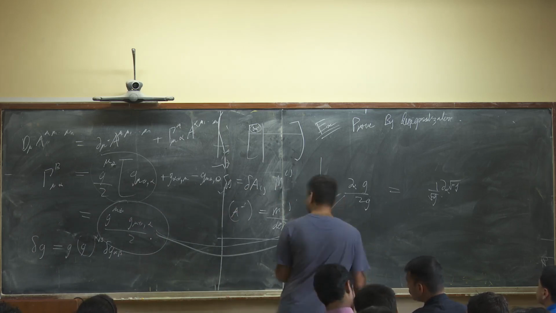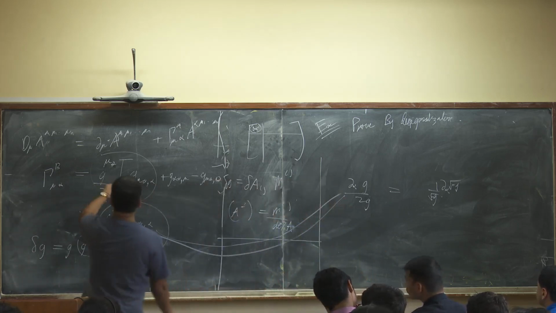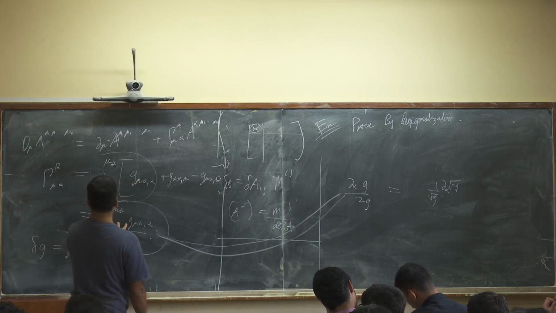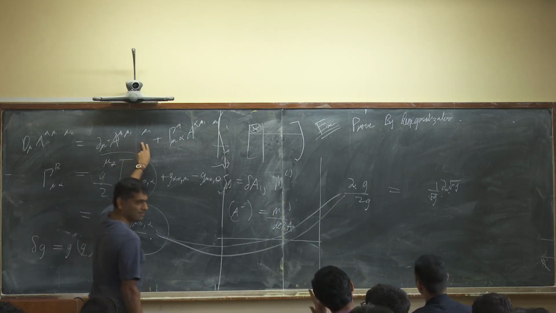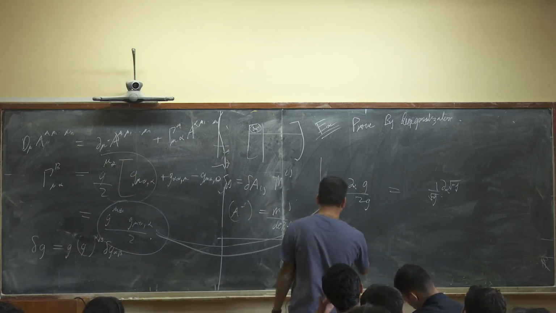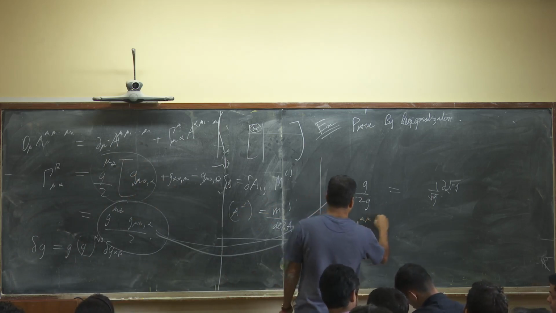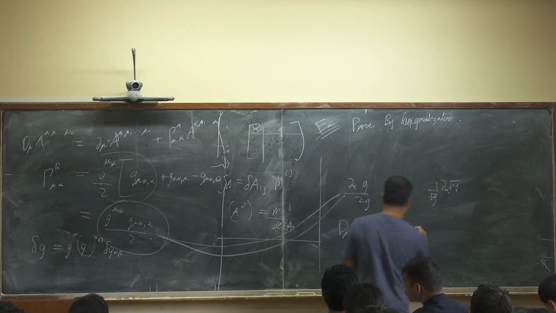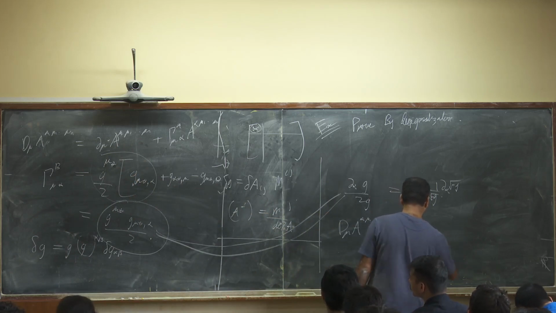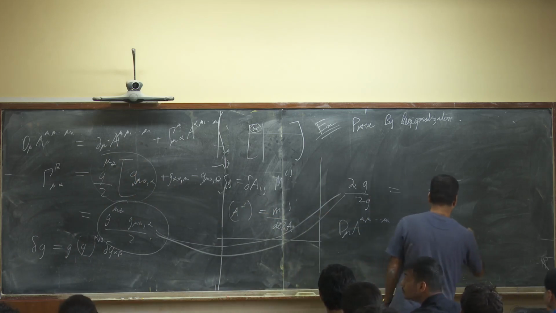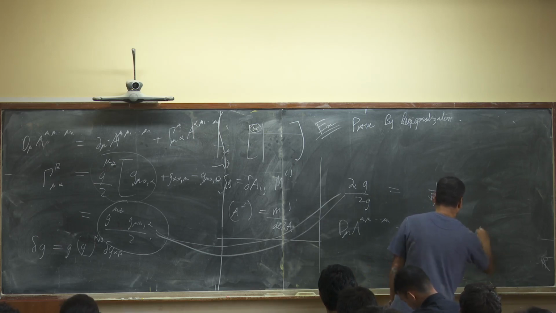Now I'm putting this formula together with this formula to get this formula. D mu A mu1 to mu n is equal to 1 by square root of minus g, d mu of square root of minus g A mu1 to mu n.